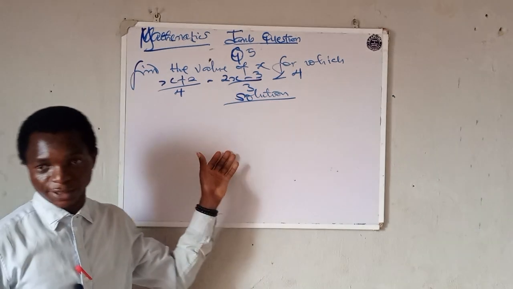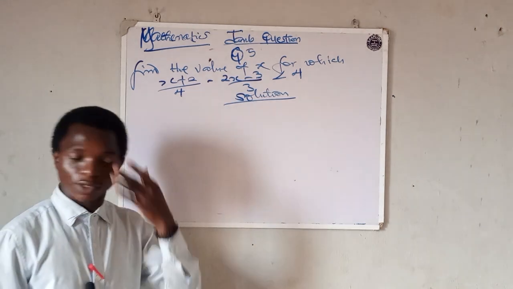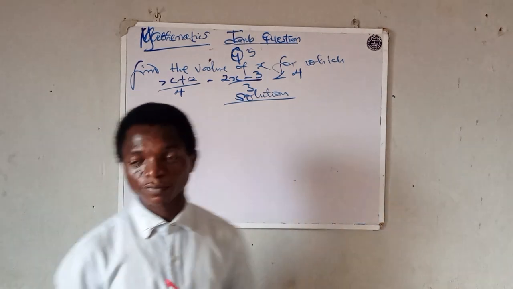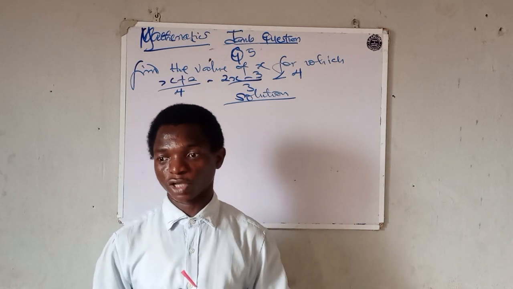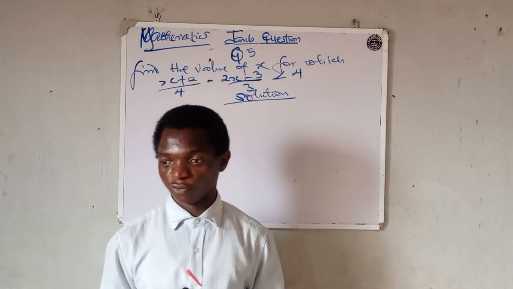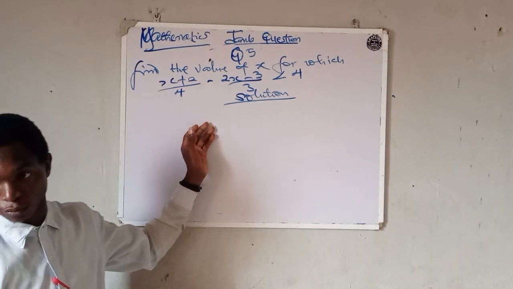If you look at this case, you find out that it involves fractions. So for you to solve this without any stress, you just need to clear your fractions. How do we clear the fractions? We first look at the denominators of the given fractions.